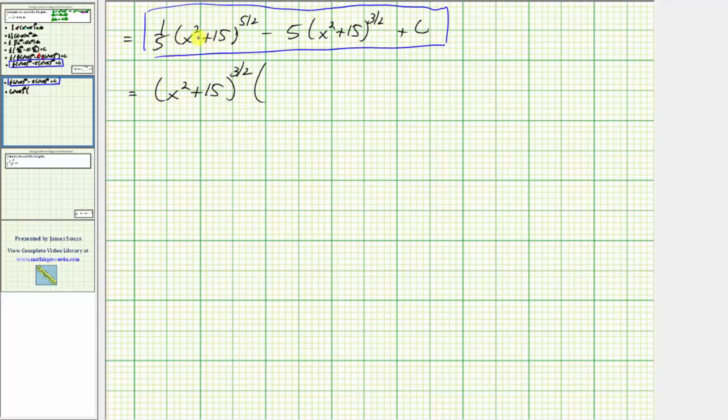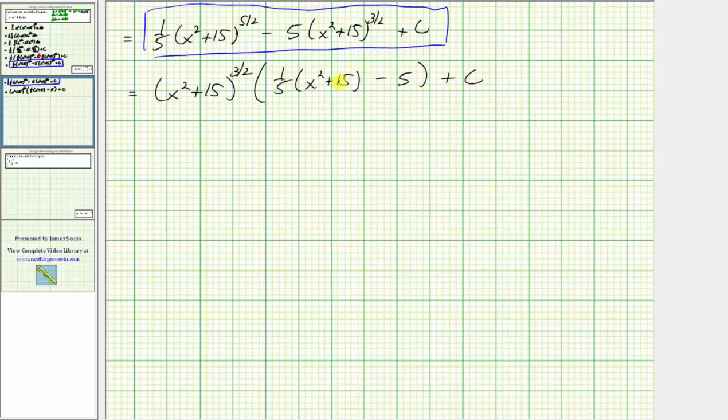So factoring this out of the first product, we have 1/5 times the quantity. If we factor the quantity x squared plus 15 raised to 3/2 out of the quantity x squared plus 15 to the 5/2, we're left with the quantity x squared plus 15 raised to the 2/2 or first power. So we can leave the exponent off, and then we have minus. If we factor this quantity from the second product, we're left with just minus 5.